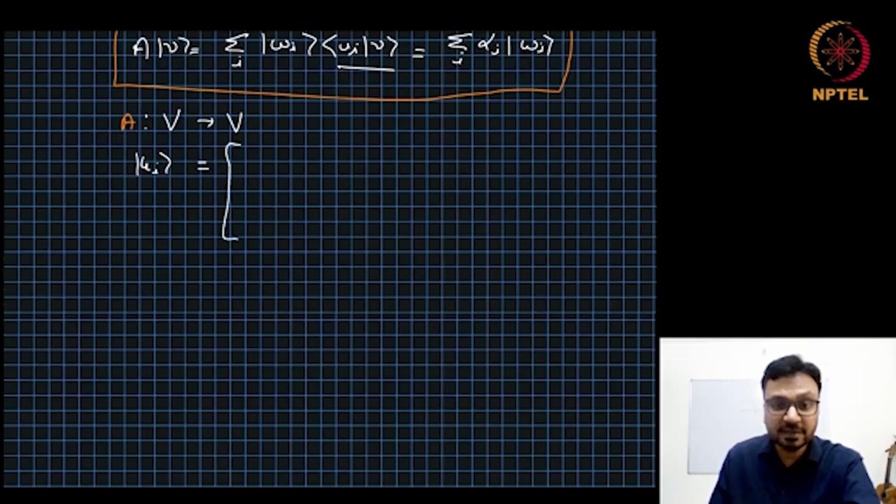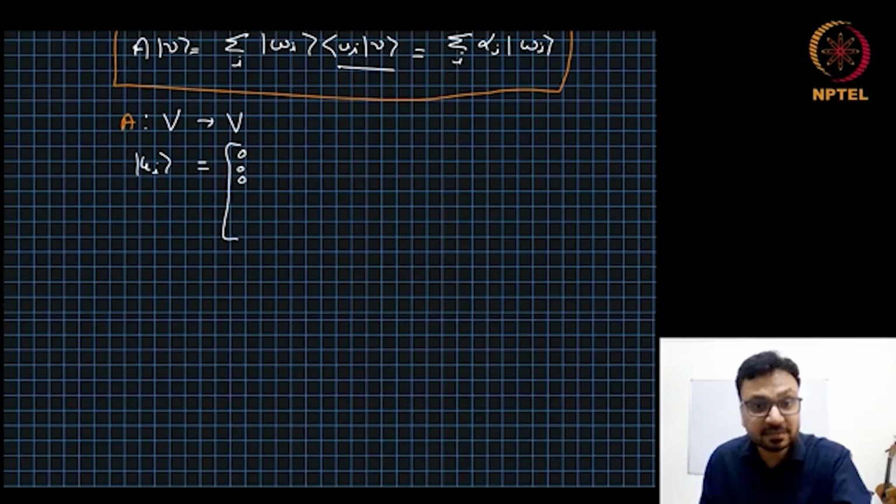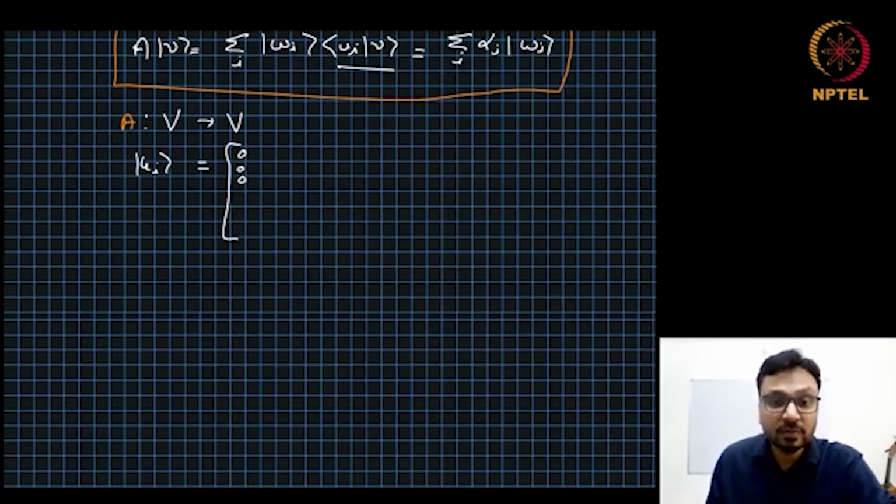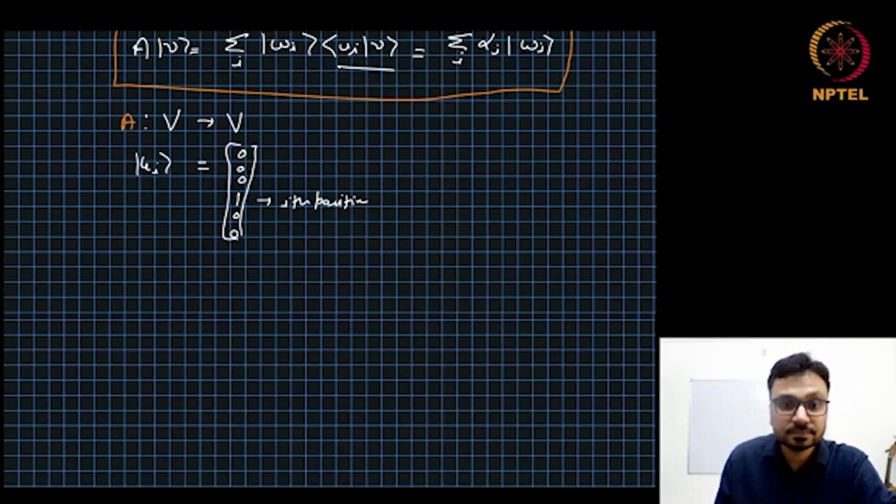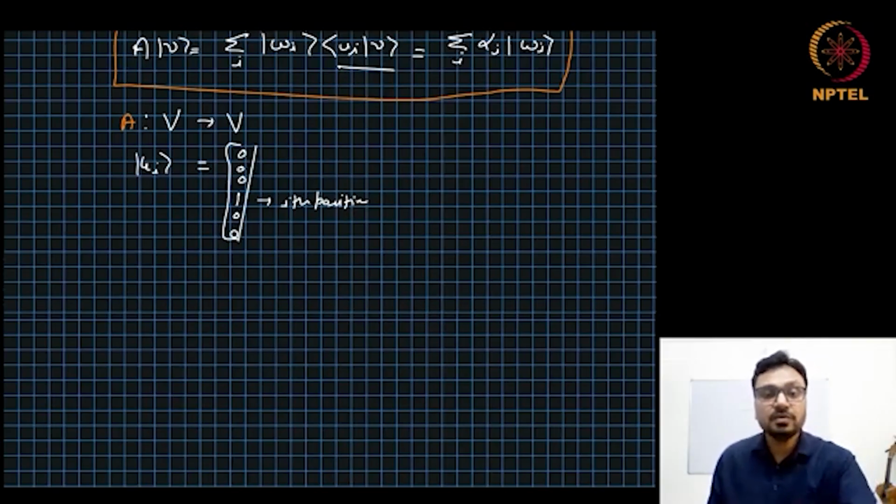The ith vector is a one-dimensional column matrix, all of whose elements are 0 except 1 on the ith position. Okay, so this is our u. We can choose more complicated u also, but if the simple one works, why not work with it?